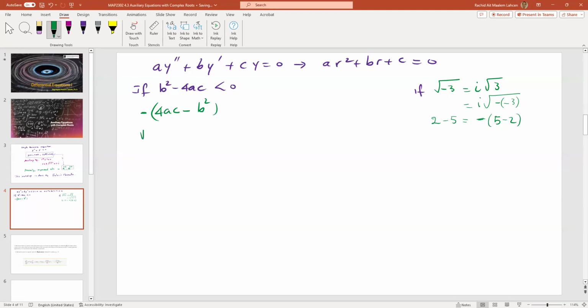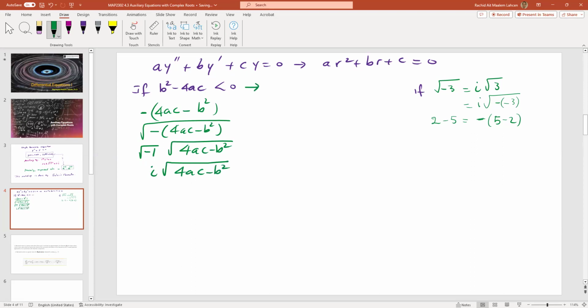So when it is under a square root, the negative we know is just square root of negative 1, and square root of 4ac minus b squared is going to be i square root of 4ac minus b squared. So if b squared minus 4ac is negative, then 4ac minus b squared is positive.